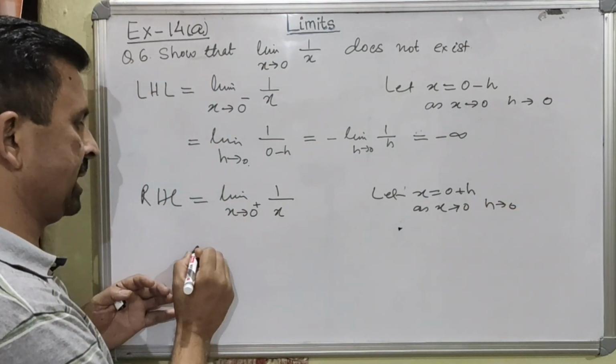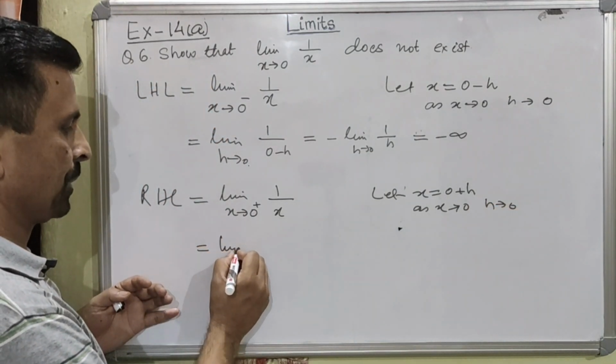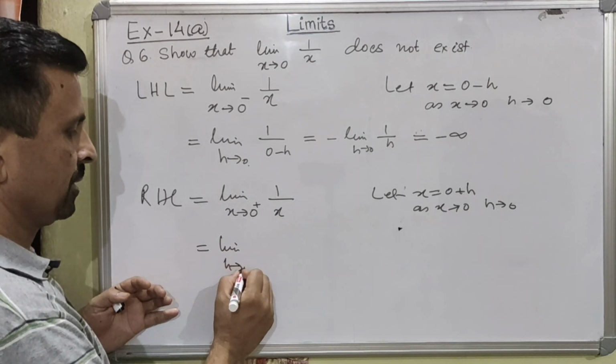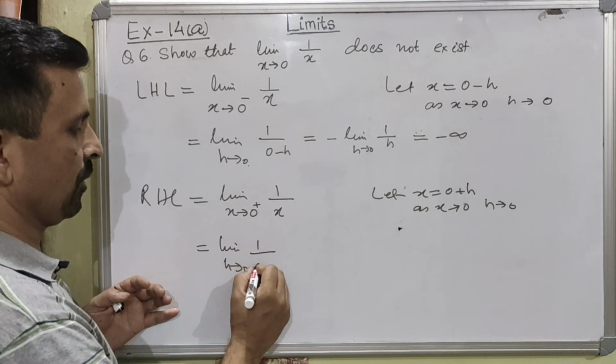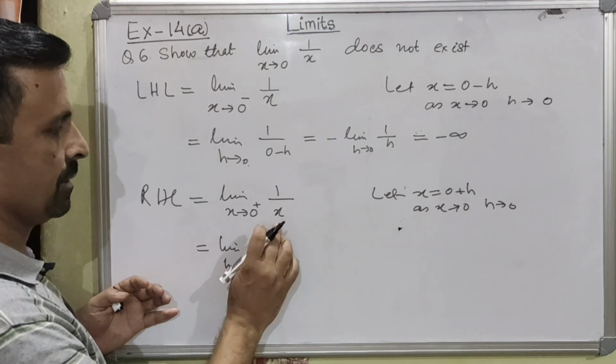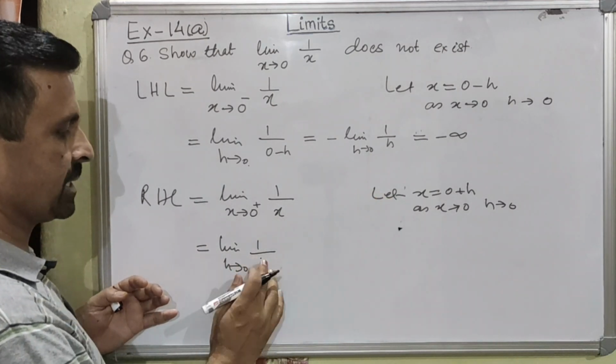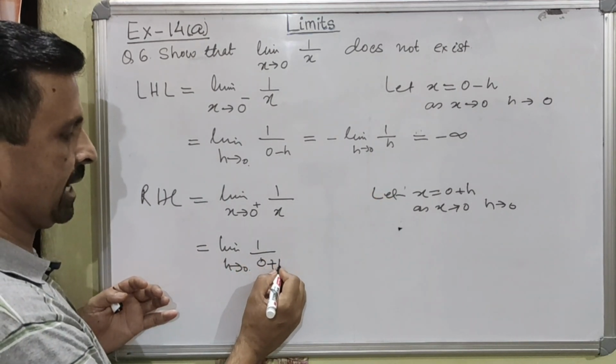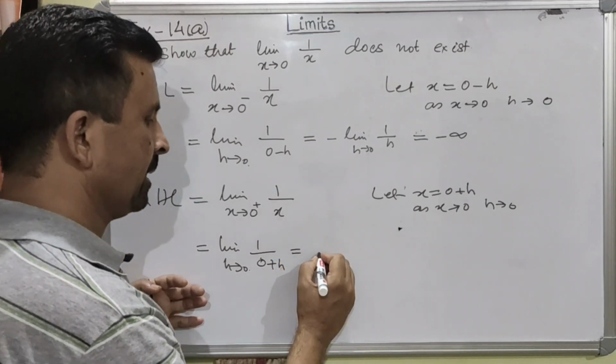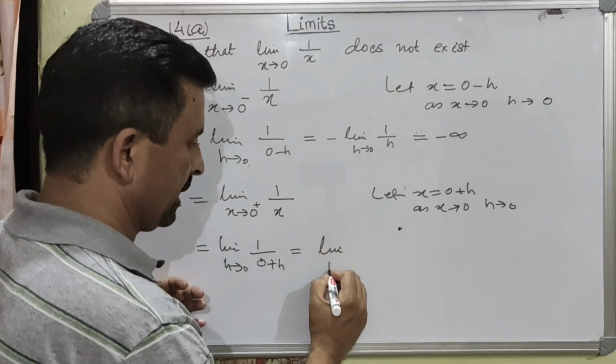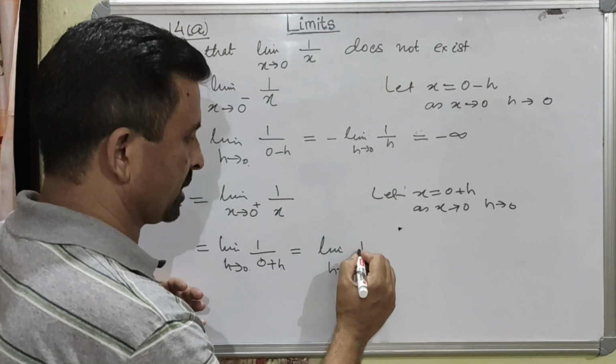So the limit will change here. This is limit h tending to 0, this will be 1 over h. X is equal to 0 plus h. So 0 plus h. Now this will finally become limit h tending to 0, 1 over h.